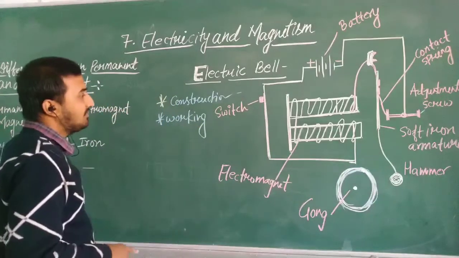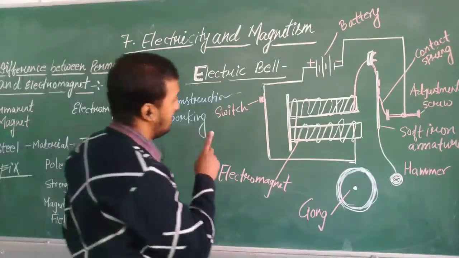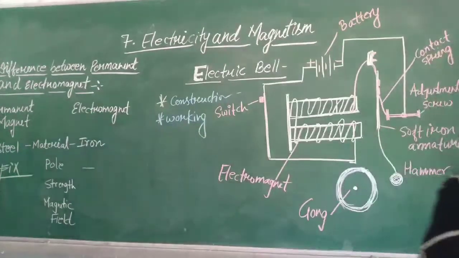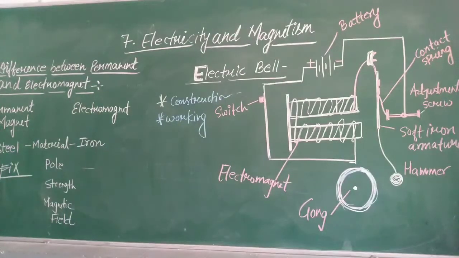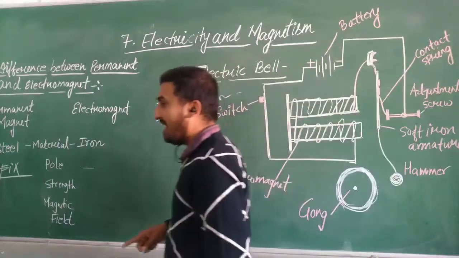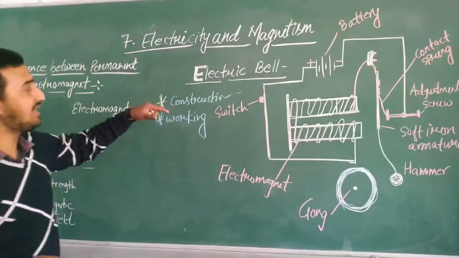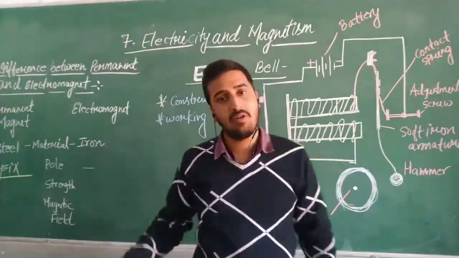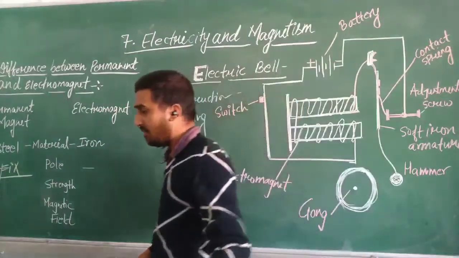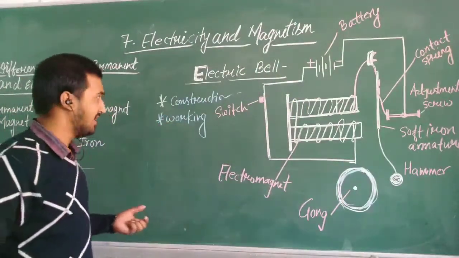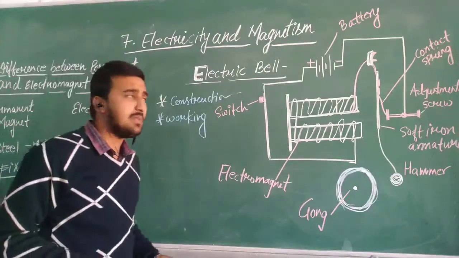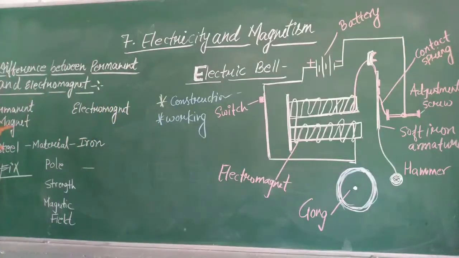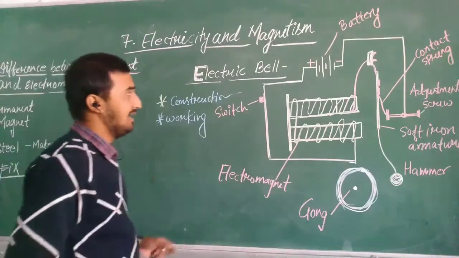So please revise this carefully, then only you will understand the working of the electric bell as well as the difference between the permanent magnet and electromagnet. Mainly, about magnetism we have discussed all the things: the electromagnet, the different types of magnet, the properties of magnet. At last we have discussed the difference between the permanent magnet and electromagnet, and the electric bell.